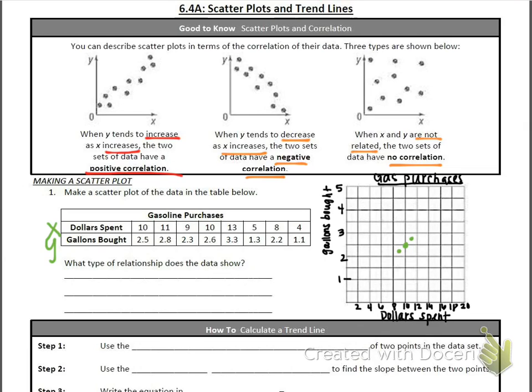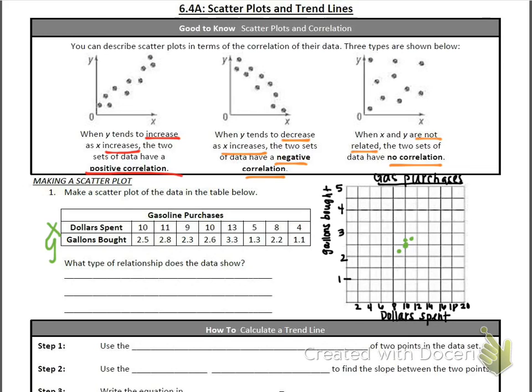10 and 2.6. So this person must have bought their gas somewhere else because they, oops, that's a little high. Probably somewhere right there because they spent the same amount but got a little bit more. So gas was a smidgen cheaper for that second person. 13 and 3.3.